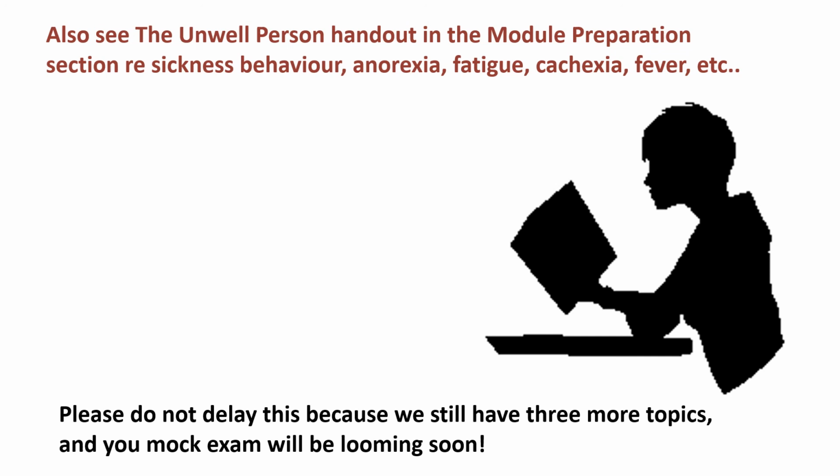The sort of presentation that can come alongside any chronic condition, particularly a chronic inflammatory condition, whether it be respiratory or not. Hence, it's in the module preparation section as opposed to in the respiratory section. But if you can't remember what it's about, please have another look at it.